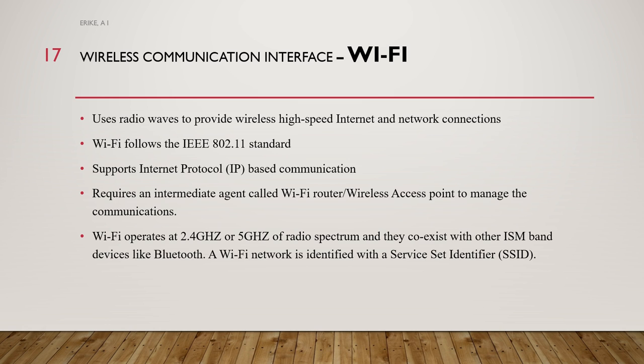A device can connect to a Wi-Fi network by selecting the SSID of the network and then providing the credentials if the network security is enabled. Wi-Fi networks implement different security mechanisms for authentication and data transfer.